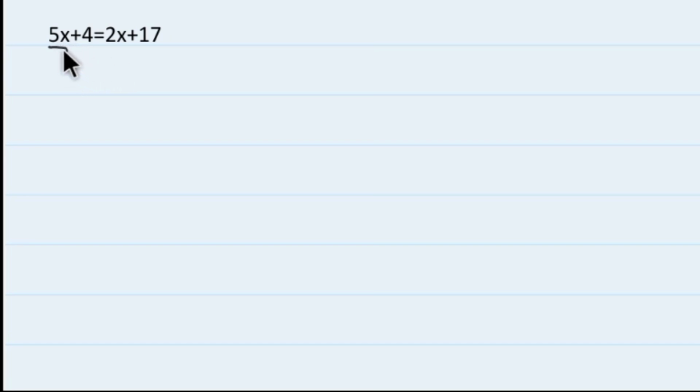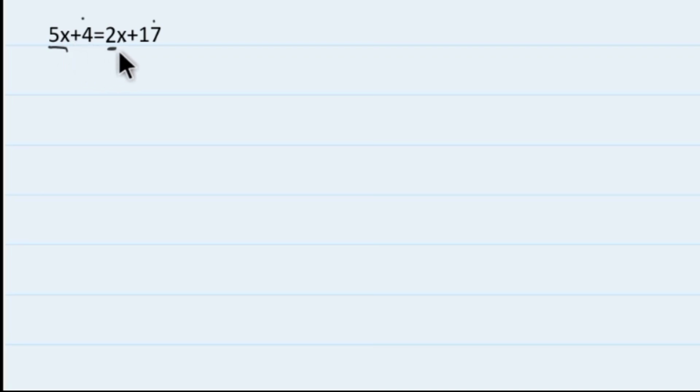What are the like terms in this equation? 5x and 2x are like terms. Similarly, 4 and 17 are two other like terms. So we'll isolate 5x and 2x on one side of the equation and 4 and 17 on the other side. So we will isolate 5x and 2x on the left hand side of the equation.